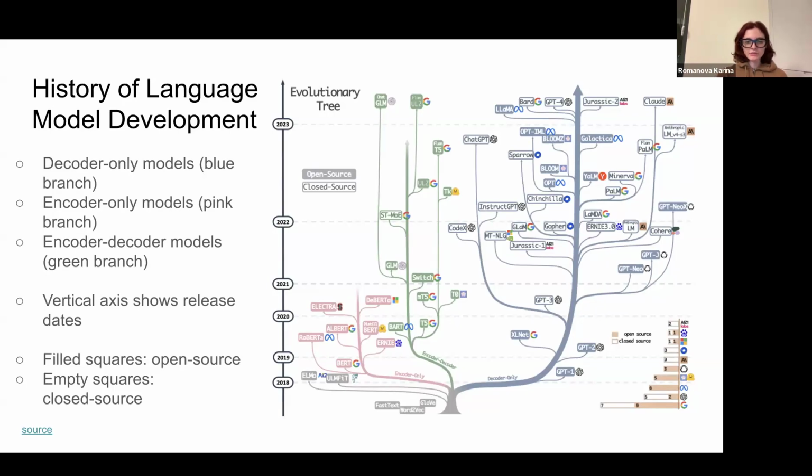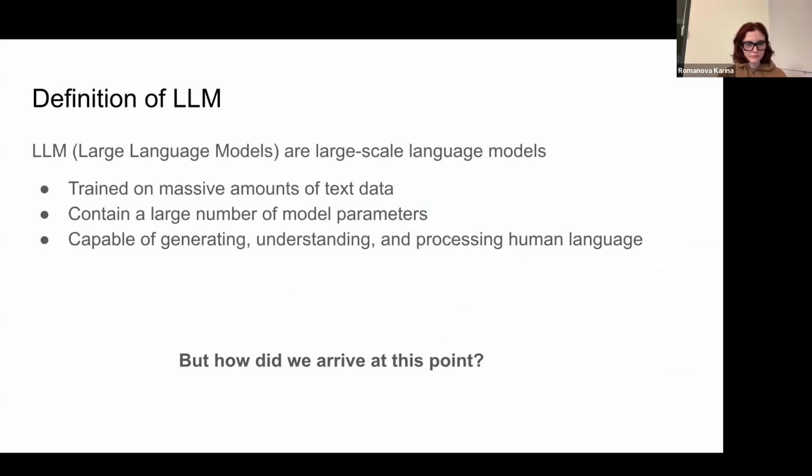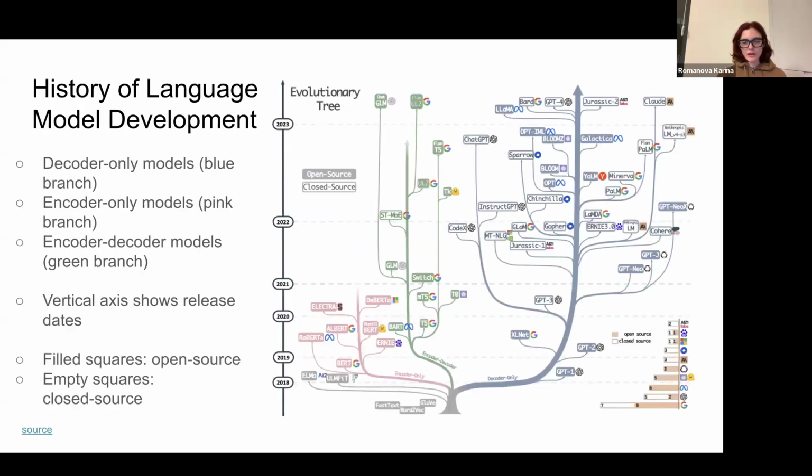Let's define a large language model. These models are large due to their vast number of parameters, typically in the hundreds of millions to billions. Each parameter adjusts the model's understanding of text in subtle ways.